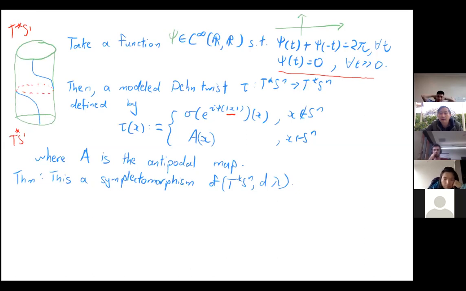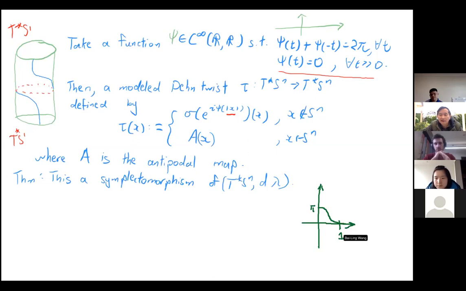Oh, I see. Yeah. So if we take a function, it doesn't matter, I can take this to be pi, and whatever the function which makes it constant here and then goes smoothly, say this is 1.